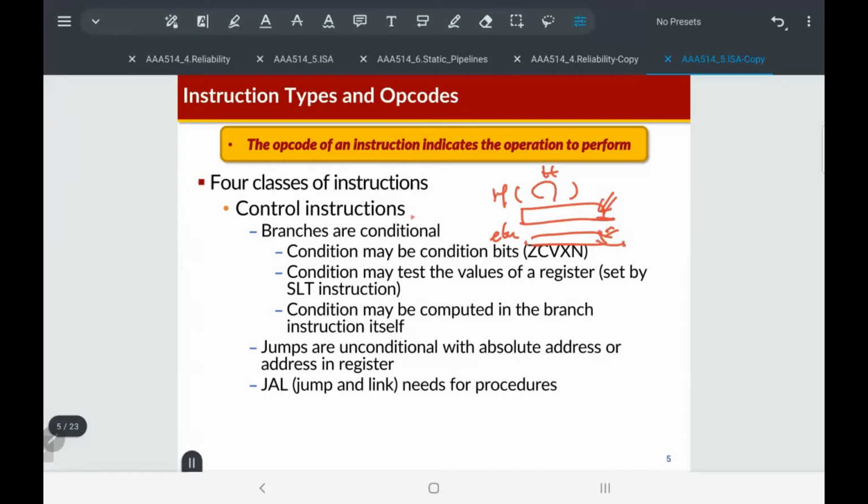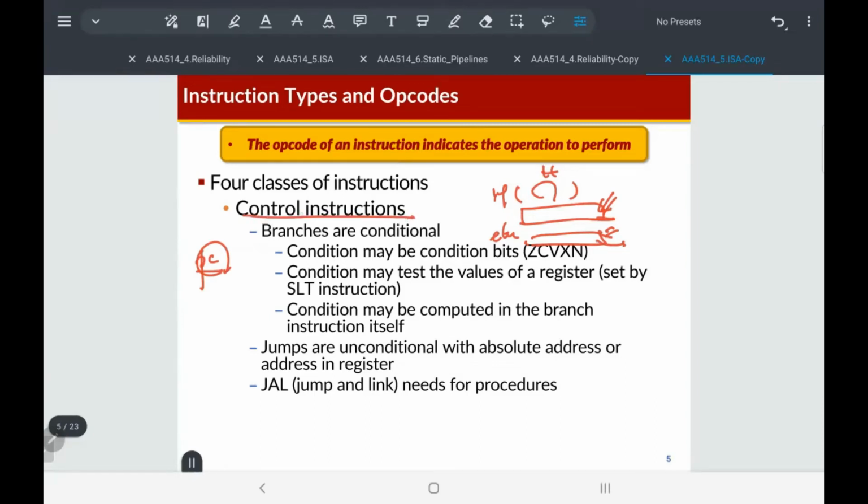Which means that we need to change the program counter of our programs. So in order to support the conditional branch or the if statement of some high-level languages, the ISA supports the control instructions.